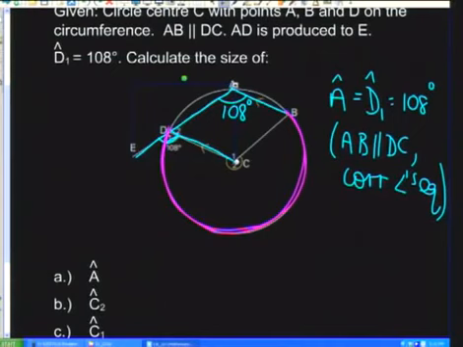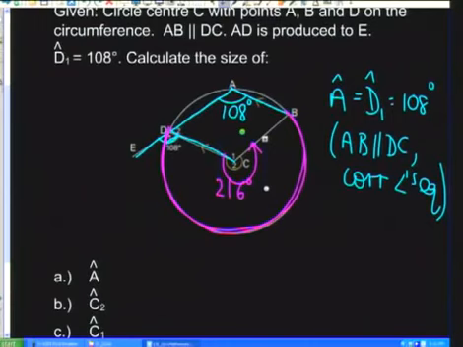That would be this big angle over here, which is this angle C2. So the pink angle would actually be double what that angle is. So that would be 216.